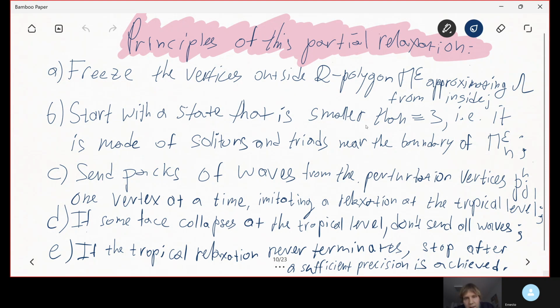Then one more thing, we would freeze the topplings outside of this polygon. So this will be one of the remaining topplings, something outside of this approximation. Then another thing, we will start not with the all-3 state, but with some smaller state, which would be made of solitons.